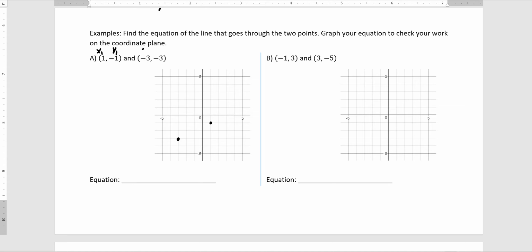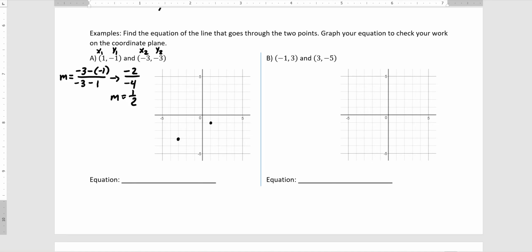With x1, y1, x2, y2, our slope is y2, -3, minus y1, -1, over x2, -3, minus x1, 1. -3 minus -1 becomes -3 plus 1, which is -2. -3 minus 1 is -4. -2 over -4 tells me that m equals 1/2.